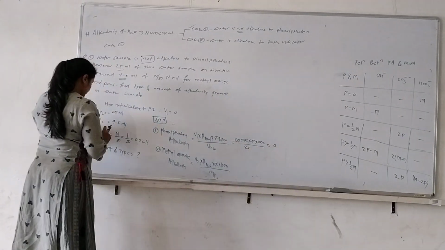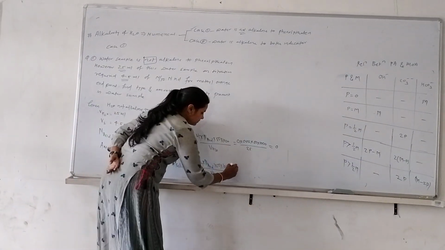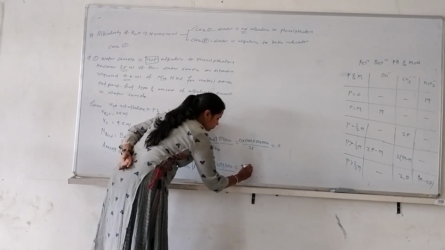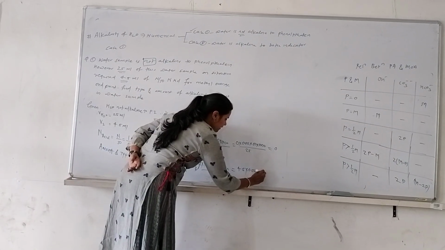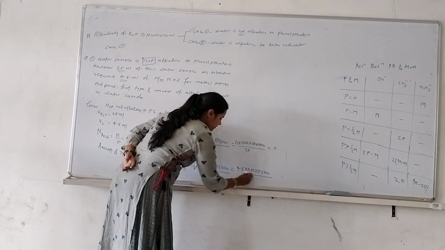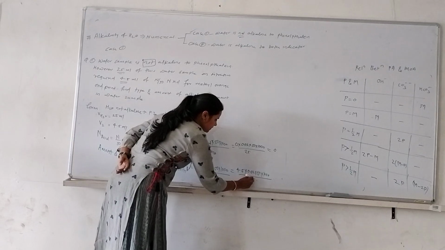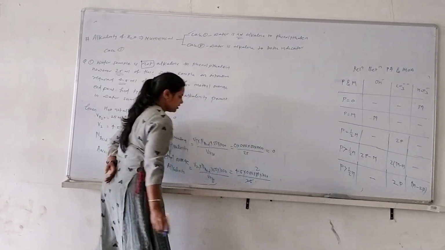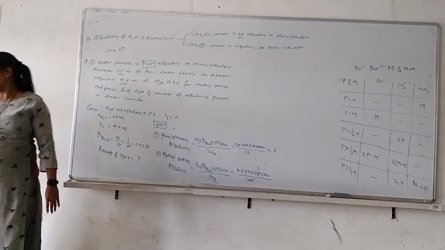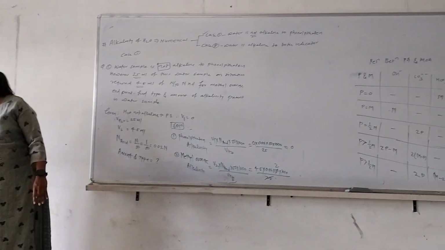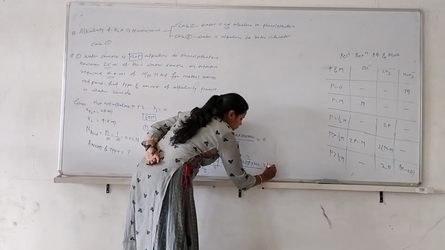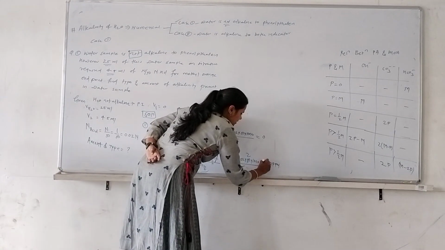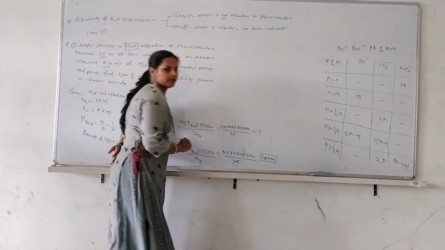Now V2 is given as 4.5, into 0.02 into 50 into 1000 divided by 25. After doing the calculation, let me check using the calculator. The answer is 180 ppm. So this is our methyl orange alkalinity.